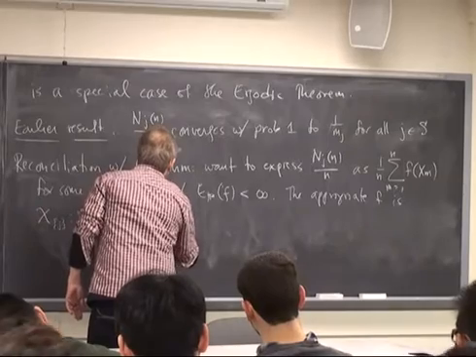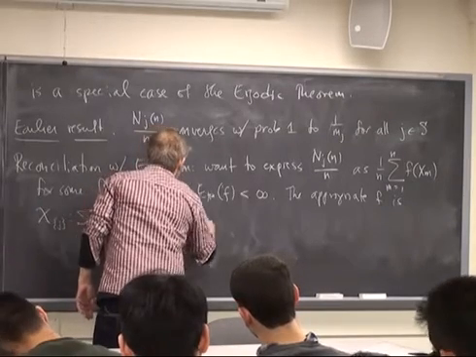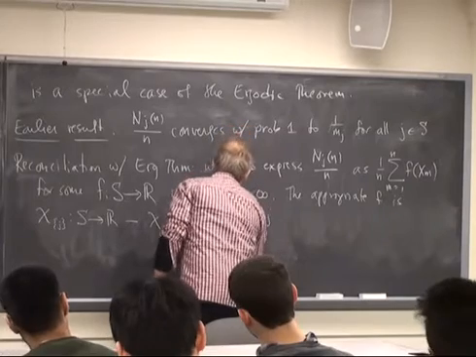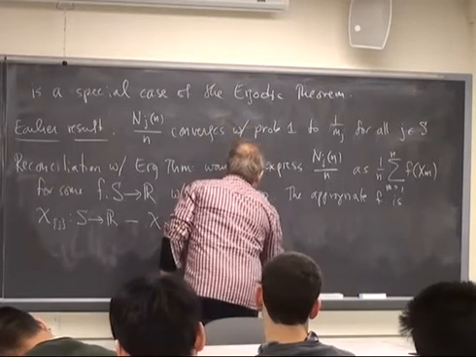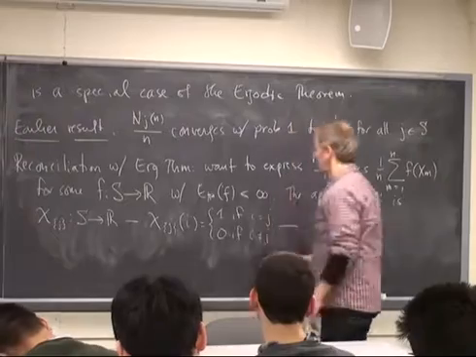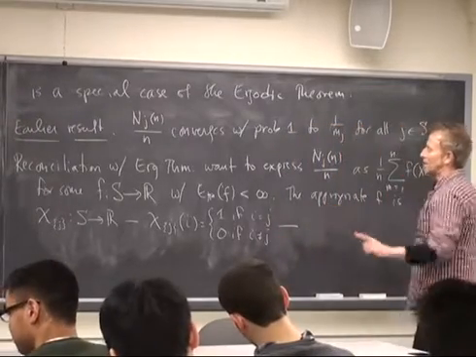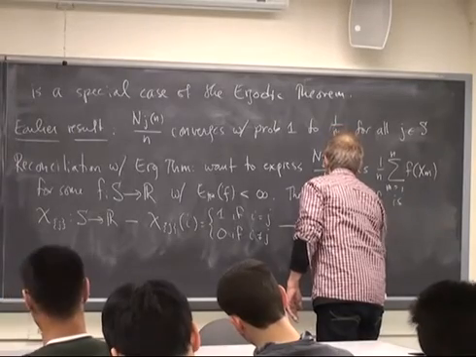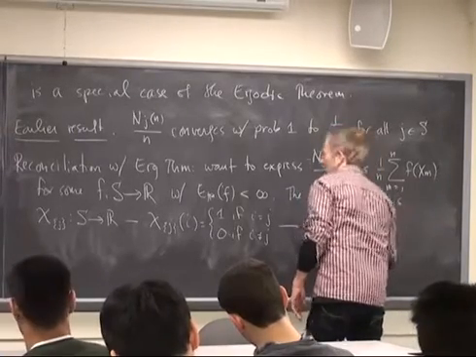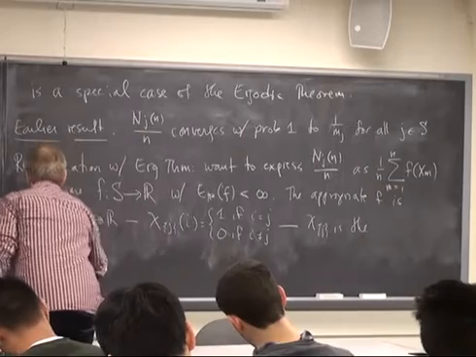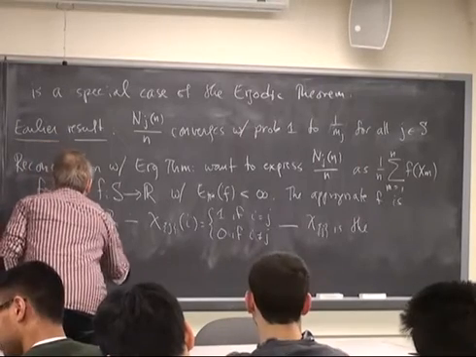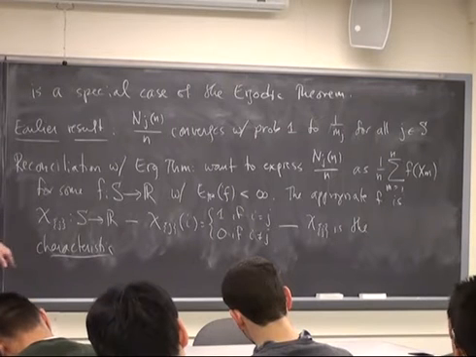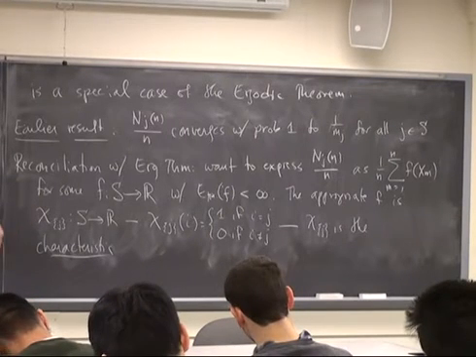Chi_j of i is equal to 1 if i equals j, and 0 if i is not equal to j. And this is known as the characteristic function, chi_j, or indicator function. And chi is supposed to stand for the ch in characteristic.